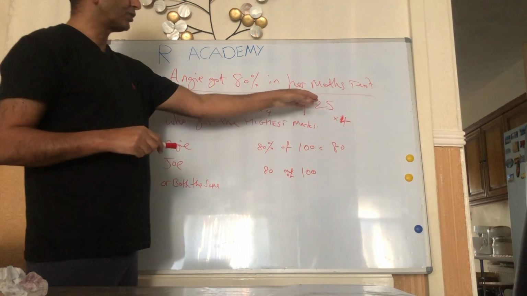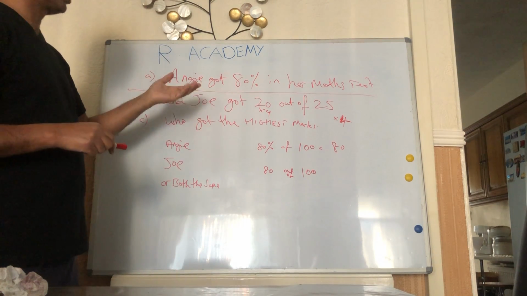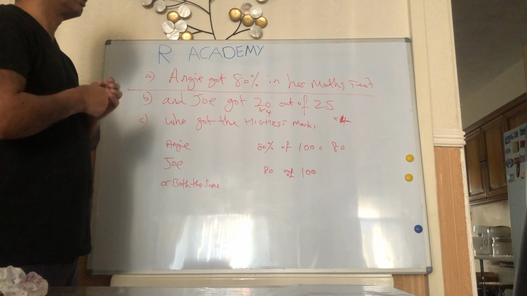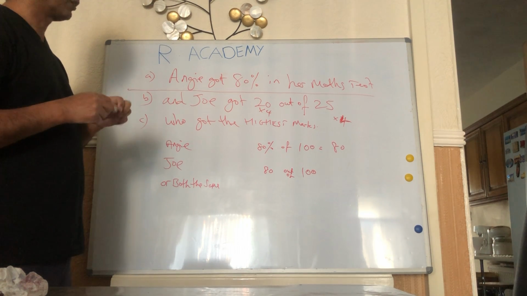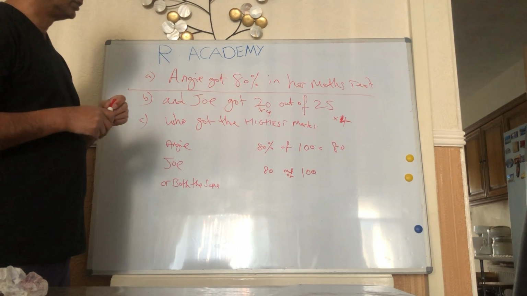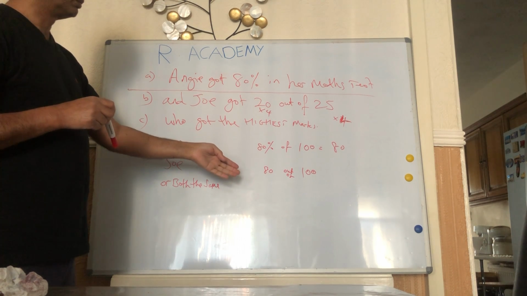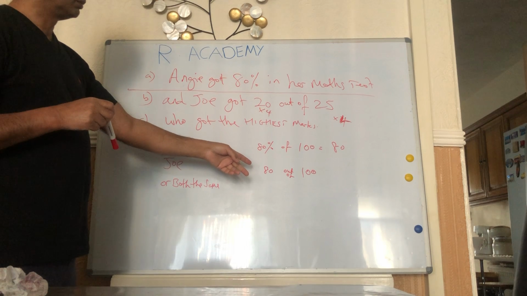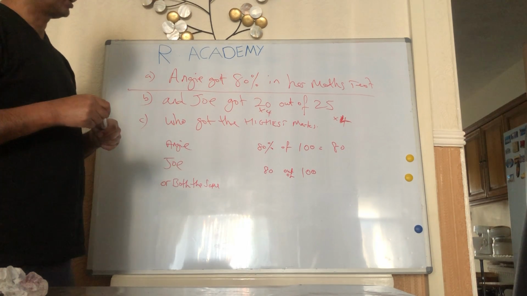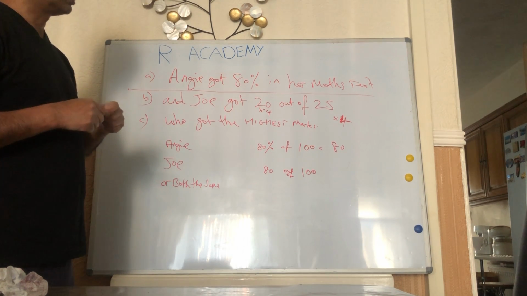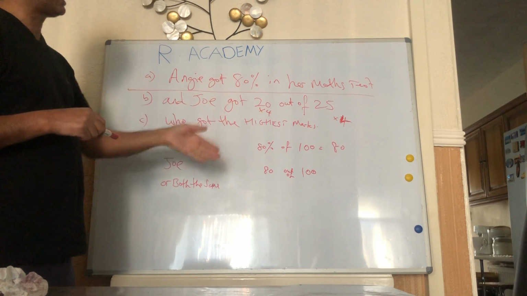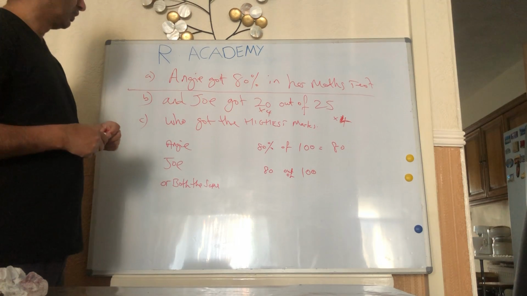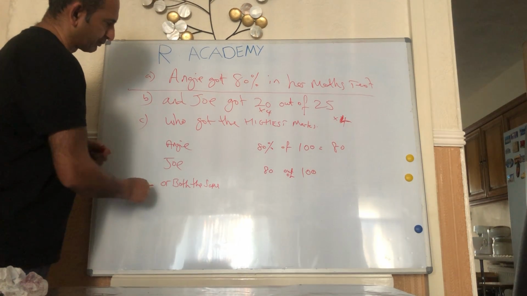So if it's 25 questions and you get 20 right, if it was 100 questions, how many would you get right then? That's how it works. So 80 out of 100 and 80% of 100 is exactly the same. That is 80% as well. So the answer would be both the same.